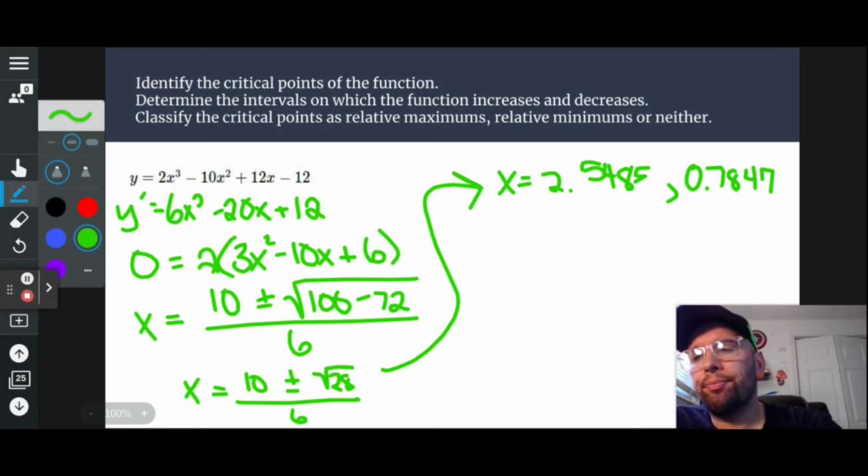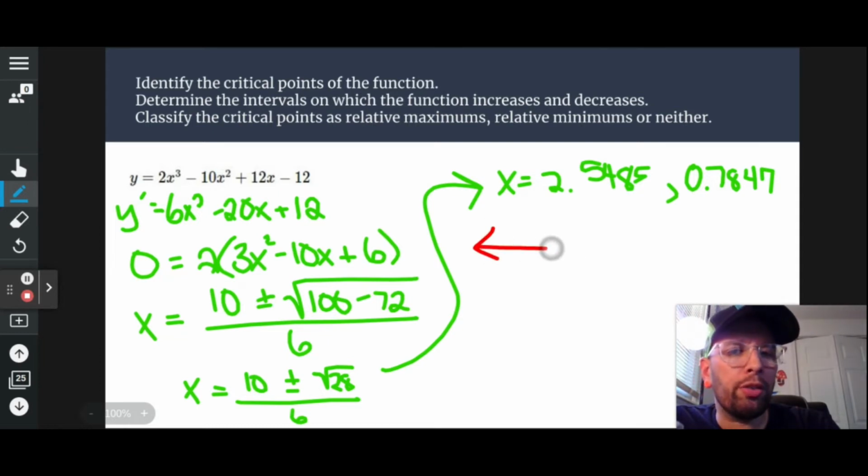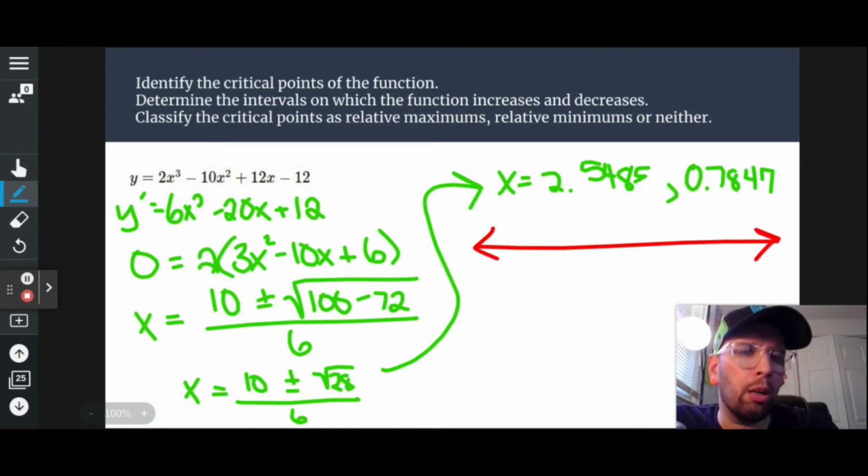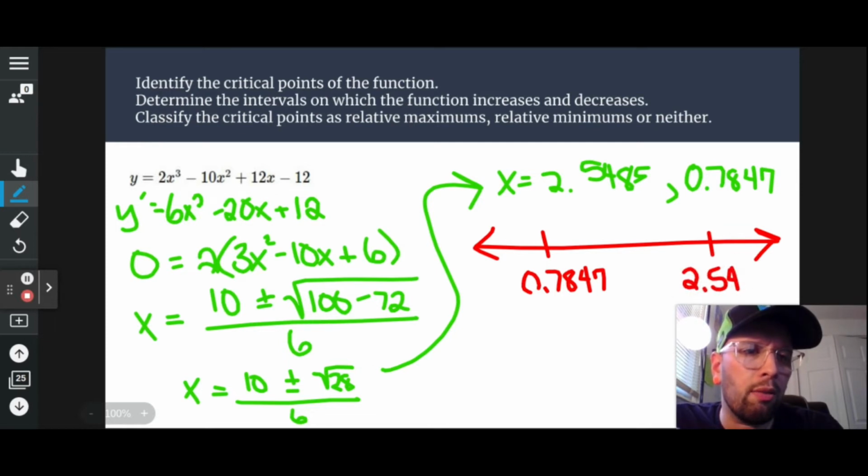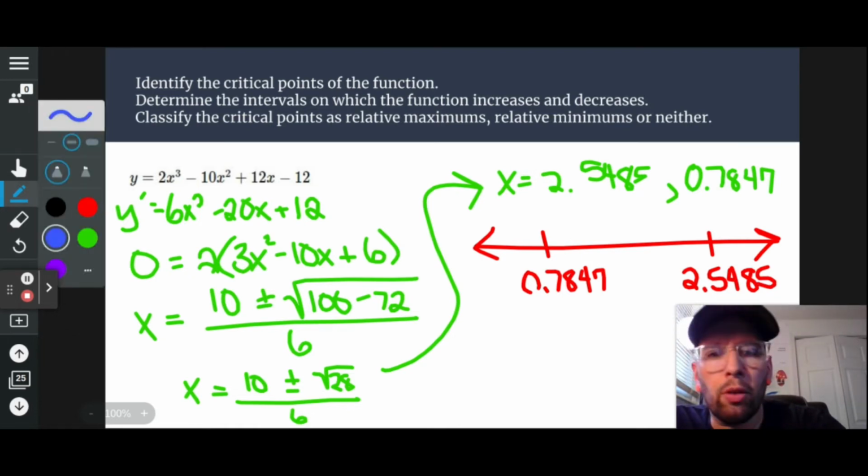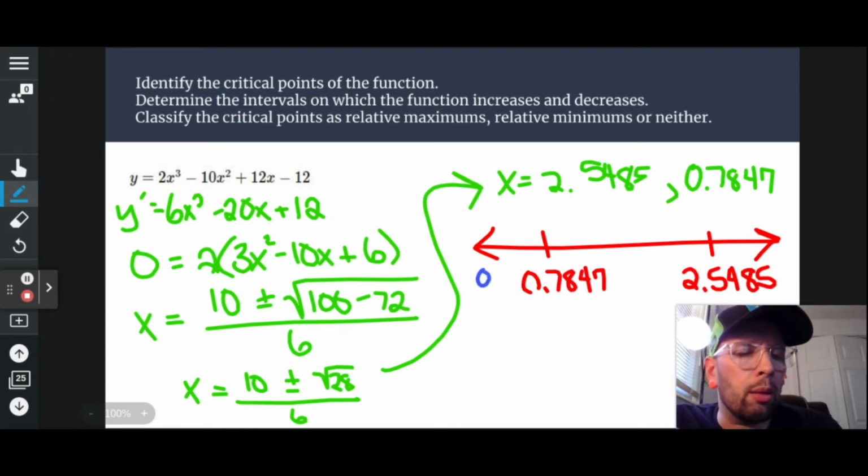Barf. So let's make ourselves a sign table. I have 0.7847 and I have 2.5485. I can plug in 0, I can plug in 1, and I can plug in 10.